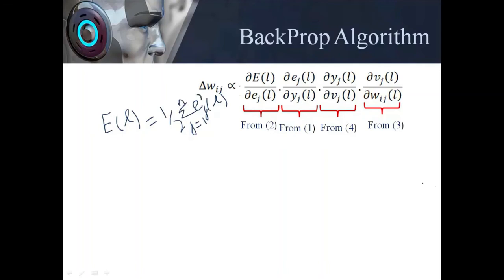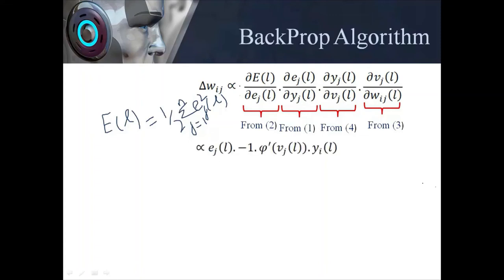So this is the squared error. If I find the derivative of en with respect to ej, it will be 1 by 2 into 2 into ej, so the 2 cancels out, and this would actually give me ej only.